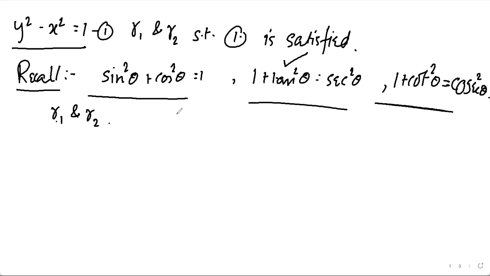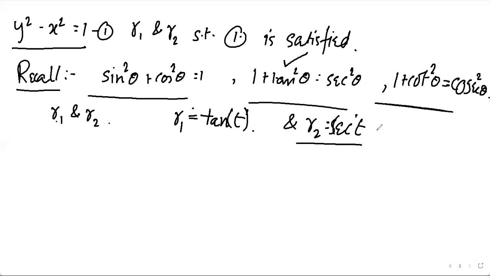So let's define gamma 1 as tan t and gamma 2 as sec t, where gamma 2 is y and gamma 1 will be our x.